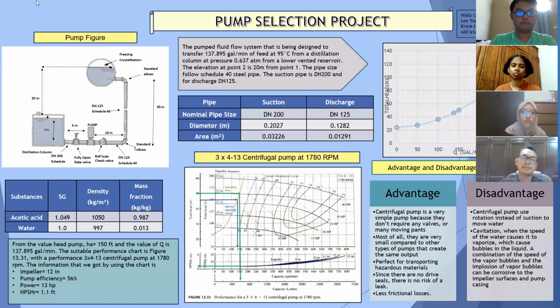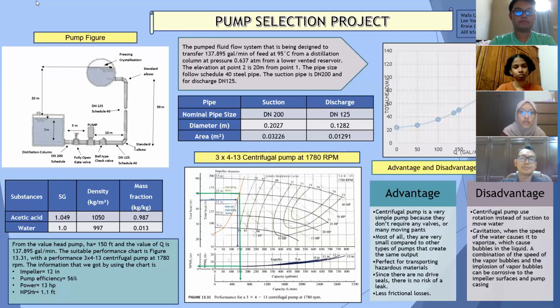This is based on our third pump in our Excel energy balance calculation. We are using the distillation column, and the substance is at 95 degrees Celsius. At the inlet of the distillation, the pressure is 0.637 atm, and at the outlet it is 1 atm.